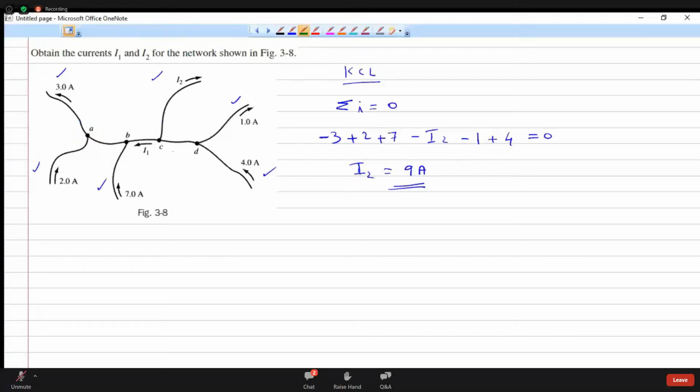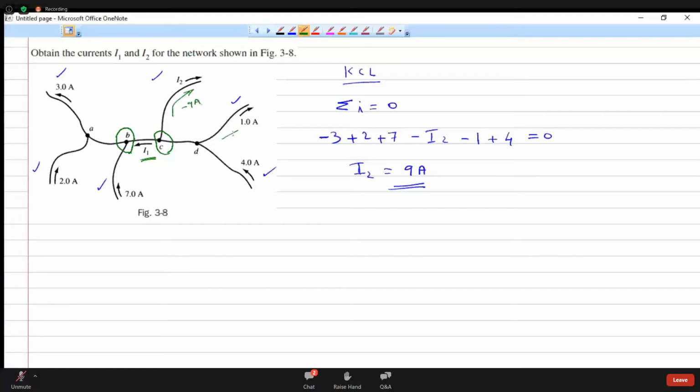I1 is this current. What is the current coming in at the C node, and what is going out? At C, incoming current is 3 ampere. I2 is leaving, so that is minus 9 ampere.